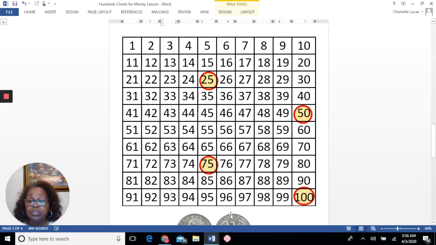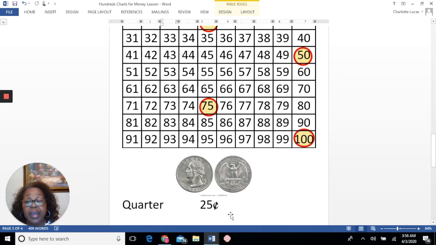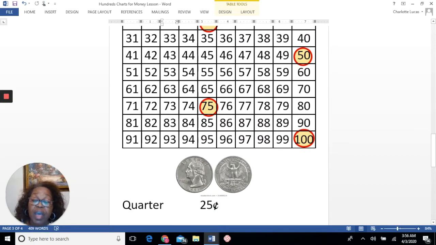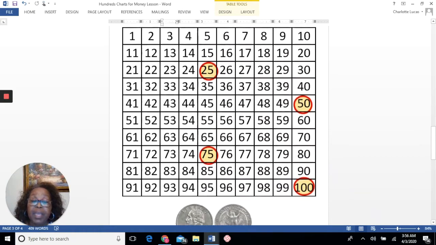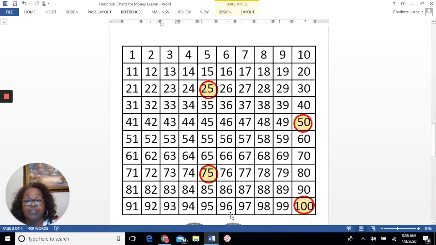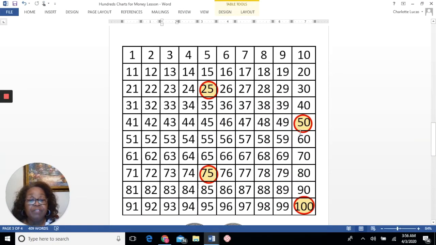We always want to start with our highest value coin. And our highest value coin right now is the quarter, which the value is 25 cents. And if we skip count by 25 cents, we say 25, 50, 75, a dollar.